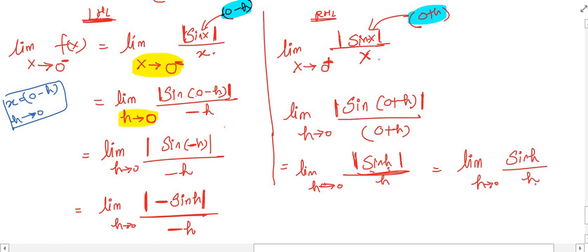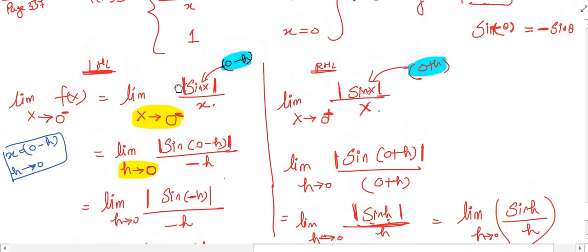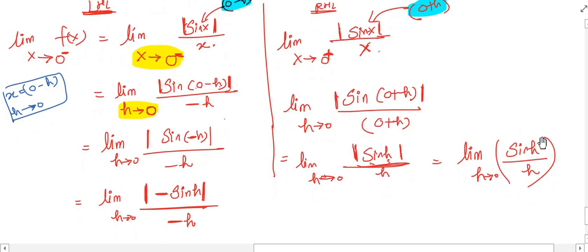Mod is directly removed. Okay. And this is again resembling our formula. Correct? H is tending to 0, sine h by h. And there is no negative sign also. This is directly answer 1 by using the formula. So this is how I got my right hand limit. I hope you are writing parallelly.